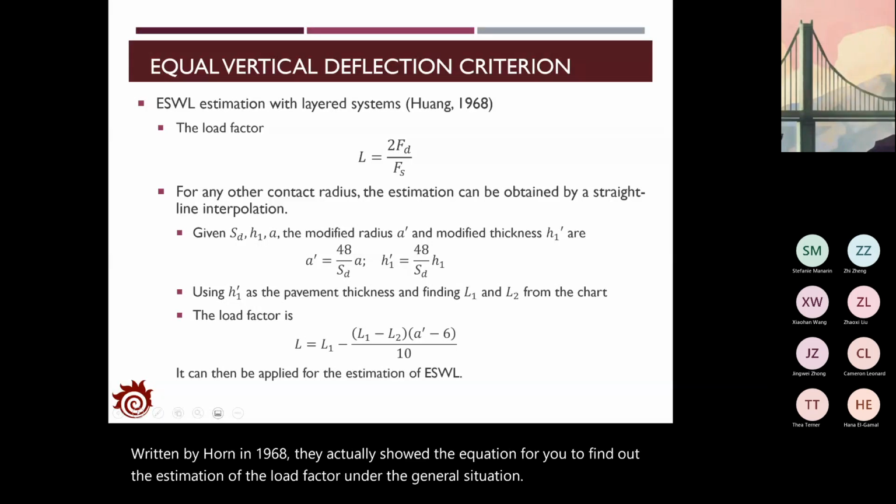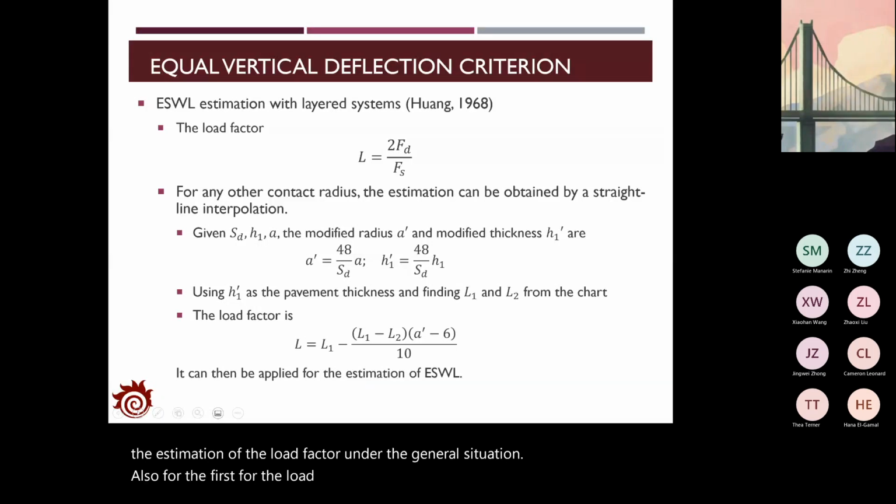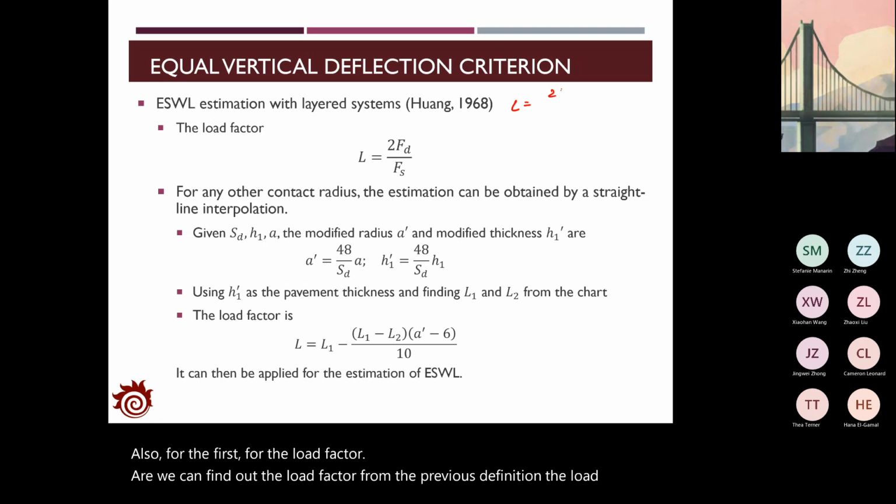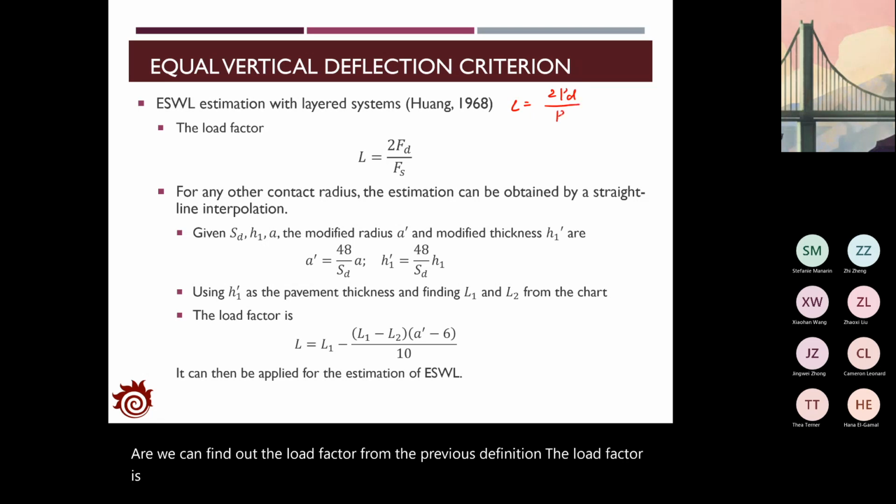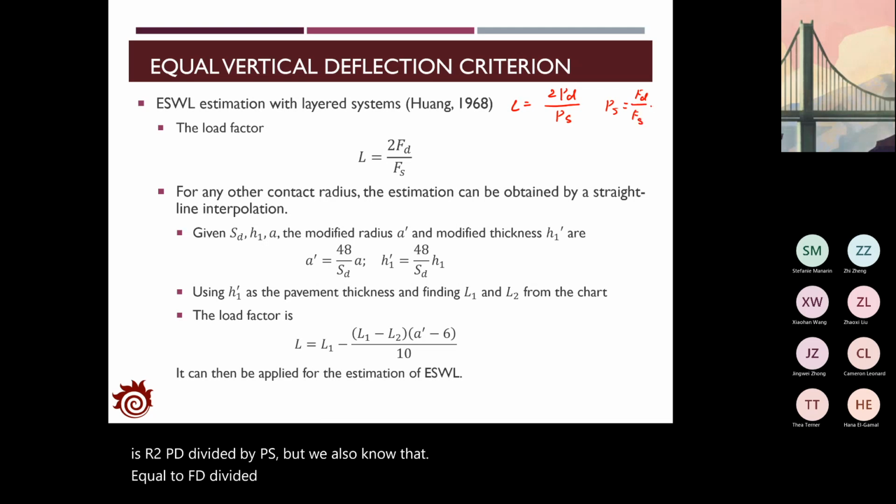For the load factor, we can find it from the previous definition. The load factor is 2 PD divided by PS, but we also know that PS equals FD divided by FS times PD. This is the equation we derived from the previous slides.